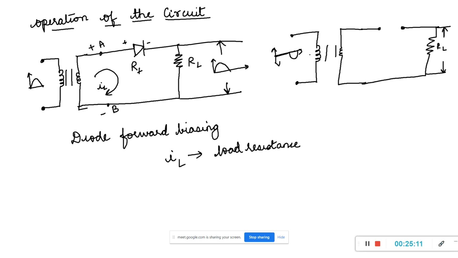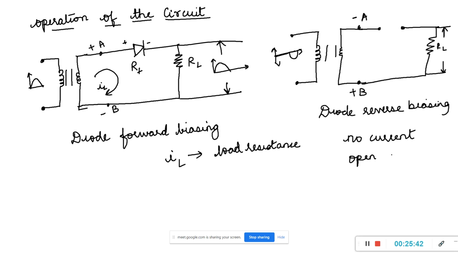During the negative half cycle, the diode is reverse biased. This is point A, which is negative, connected to the negative terminal, and this is point B, connected to the positive terminal. The diode gets reverse biased, hence no current flows, and the diode acts as an open circuit.